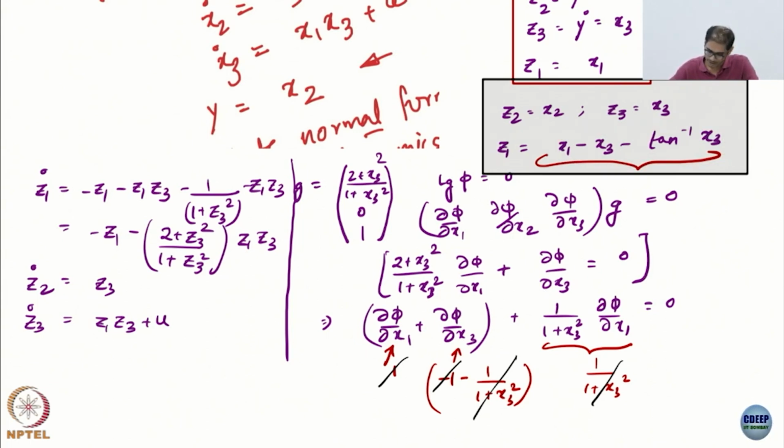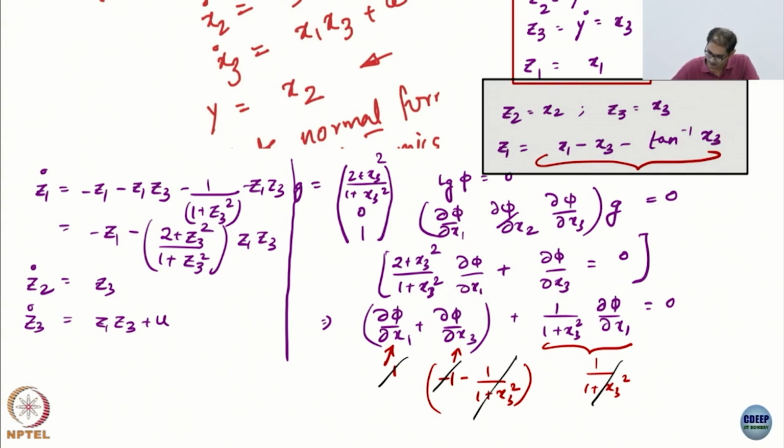So if you look at this guy, this looks like the derivative of tan inverse x3. So if I keep x1 as linear, I get del phi del x1 as 1, and then I get del phi del x3 as 1 over 1 plus x3 squared.